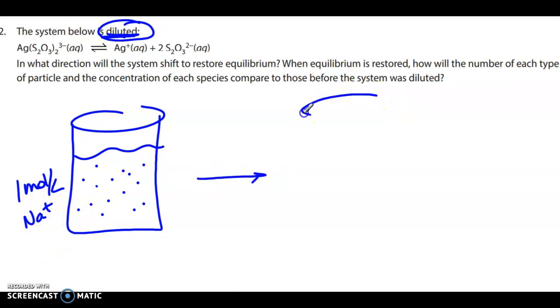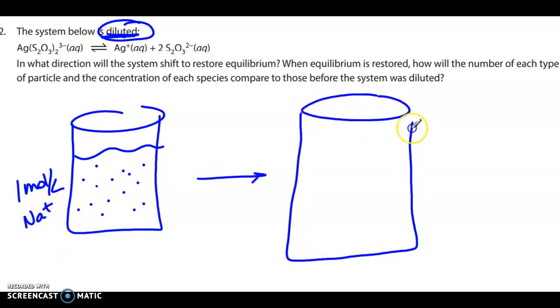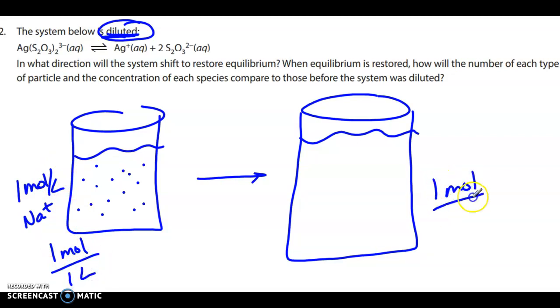If you were to dilute a system, so let's say I'm going to put this in a lot more water, but I'm going to keep the number of moles the same. So let's say I have 1 mole in 1 liter of solution. If I still have that 1 mole, but now it's in 2 liters of solution, right?